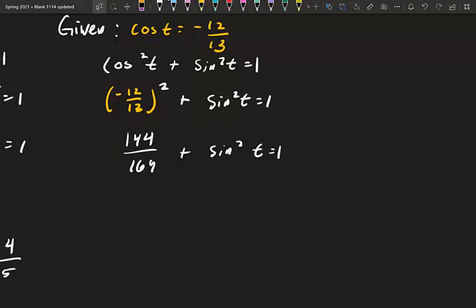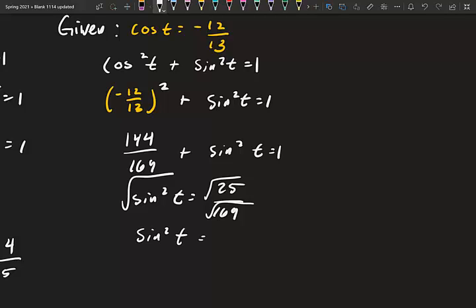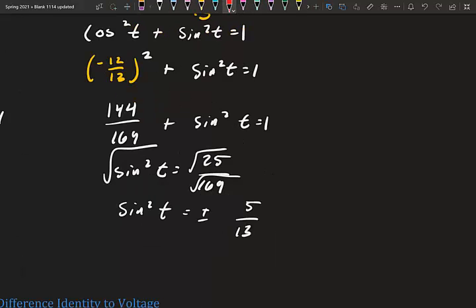We subtract it over, so we're left with sine squared t equals 25 over 169. We square root. So we have sine t equals positive negative 5 over 13. Now, is it positive? Is it negative? Using CAST, in quadrant 2, sine is positive. So our value for sine t is positive 5 over 13.